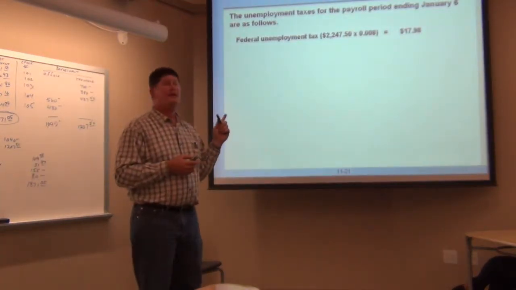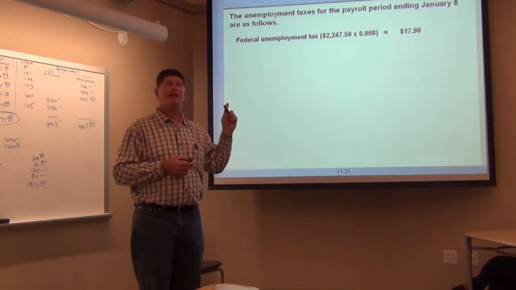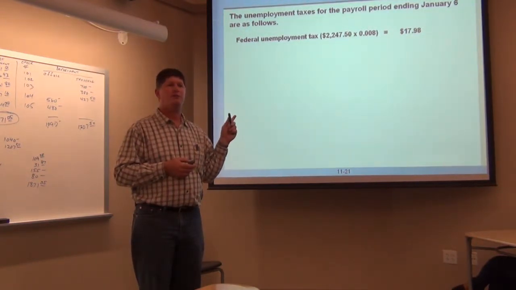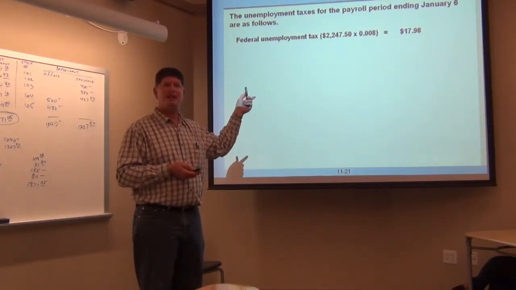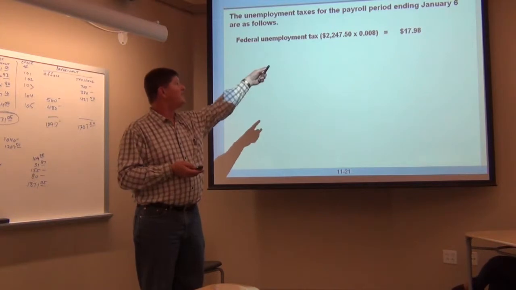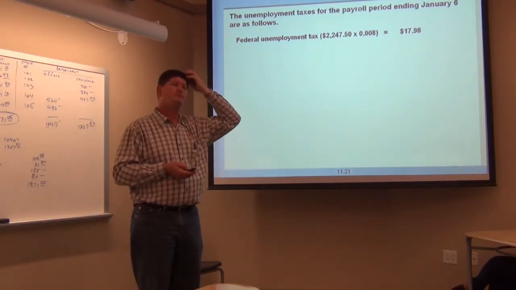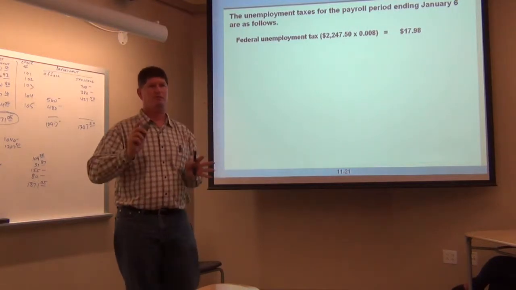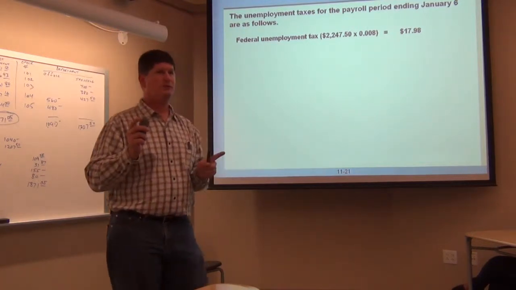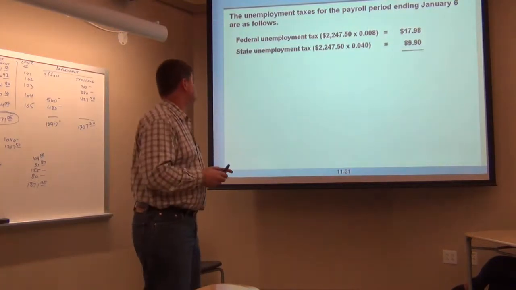The reason being is that they assume that at that rate you've already paid in the full amount to your state government. So if you're not paying into the state for state unemployment tax, this rate goes up. In California, you have to pay it in, so we're using this rate. Clear as mud? Okay.